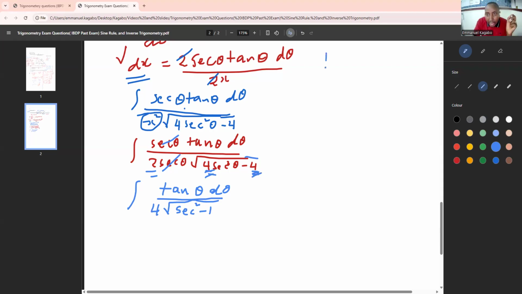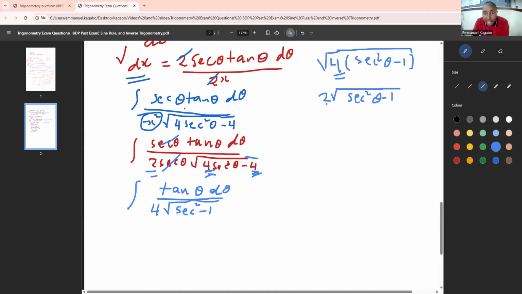I factorize the 4, so I have square root of 4 bracket sec squared theta minus 1. Now, the square root of 4 will give me 2 square root of sec squared theta minus 1. And then there was this 2 here, so when I multiply, I get 4, right? I hope you understand what I've done. Very good.